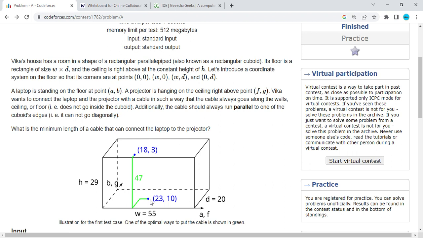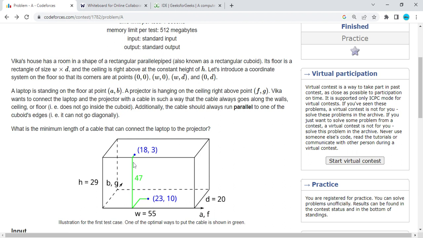Most important, it will pass only through the faces, and it can always run parallel to one of the cuboid's edges. See, the green line here is the wire.